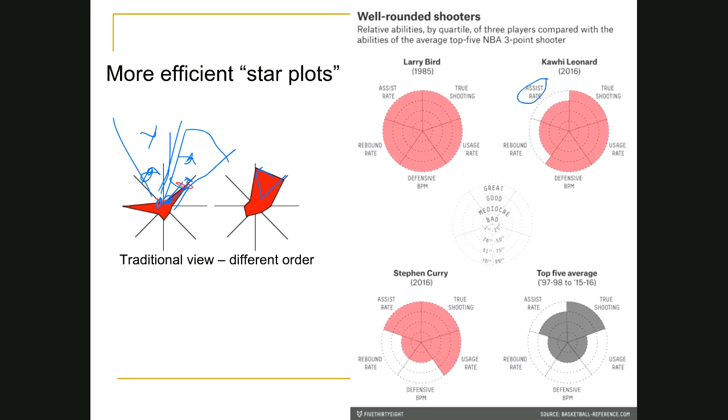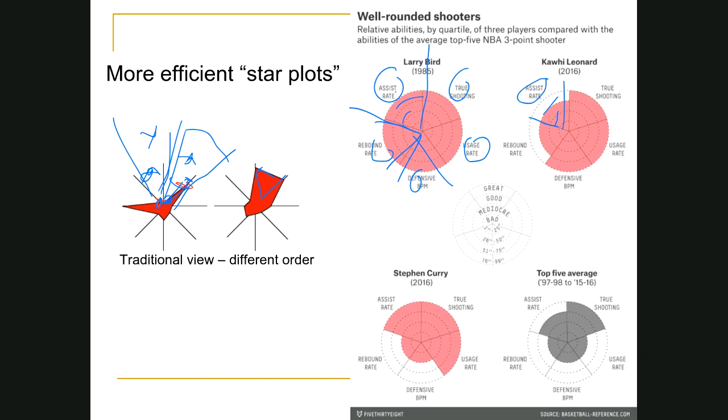It's this whole wedge. And then for each player, you can see how many assists they have. Like Larry Bird has more assists than Kawhi Leonard, because you can see they fill out more of that wedge. There are only 5 axes here, and it's really 5 of these wedges that become axes. So it becomes a lot clearer to see. The axis becomes larger, so I can see the point much better. That's pretty much the idea.